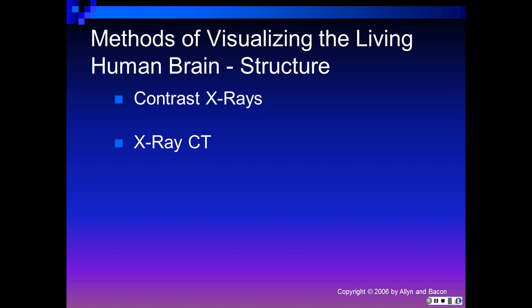So it's possible to detect cerebral blood flow using this technique. X-rays have gotten more and more advanced. However, it's a high dose of radiation to give a person's brain, which is kind of crummy because you're taking multiple x-rays of the brain.